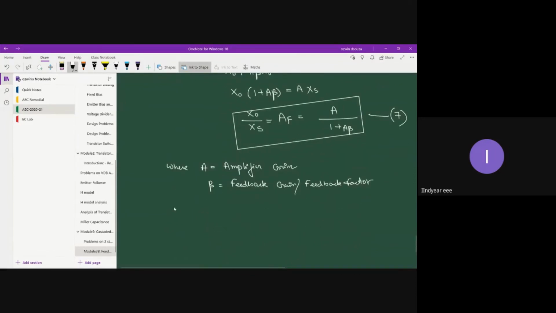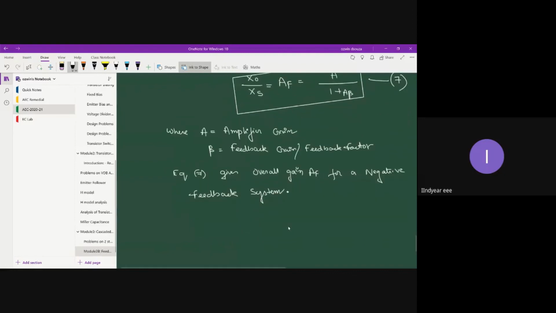So equation 7 gives the overall gain AF for a negative feedback system.